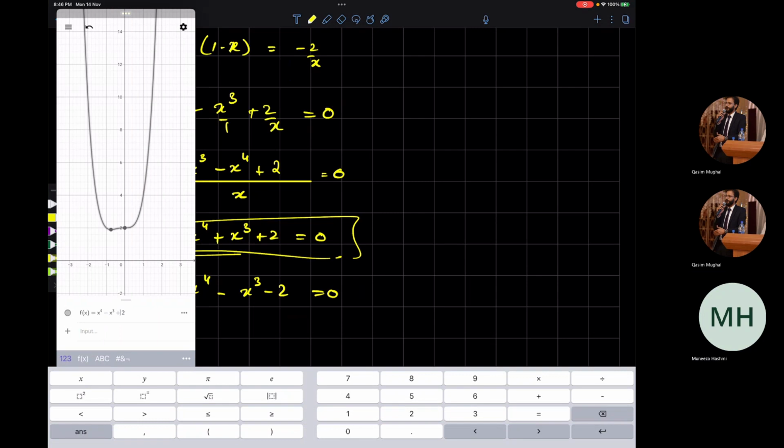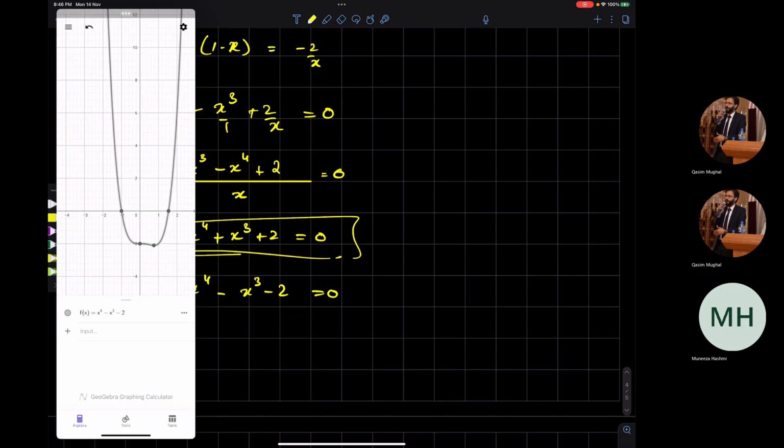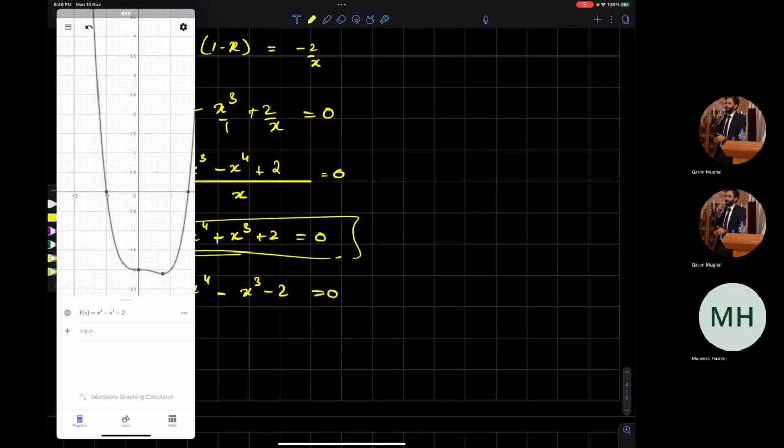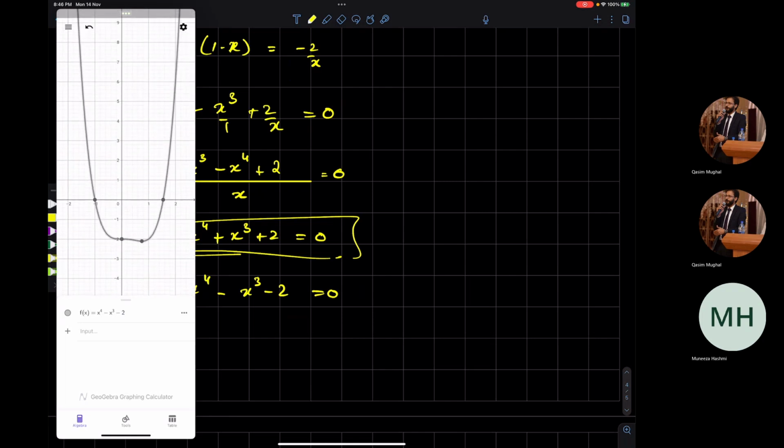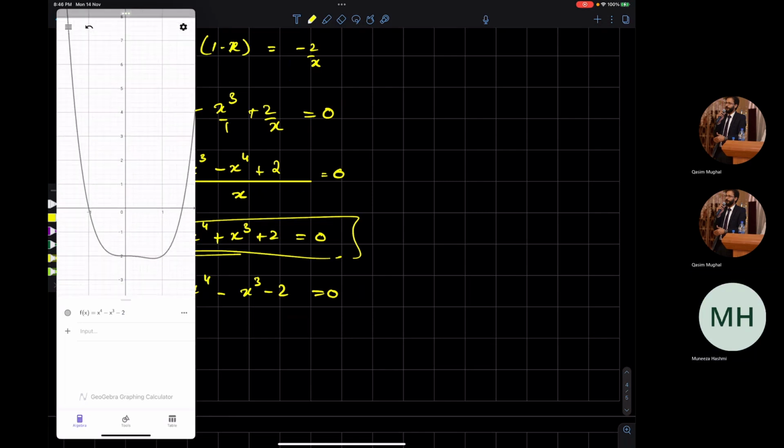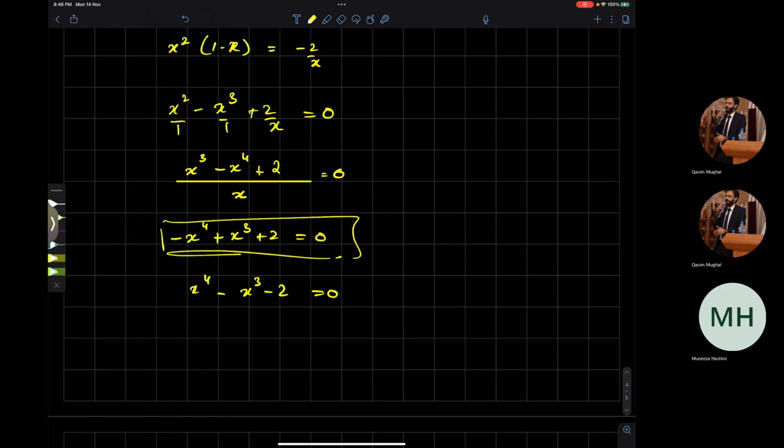That's minus. That's minus. Yeah, it is cutting the x-axis at 2 points. Can you see? Yes, sir. All right.